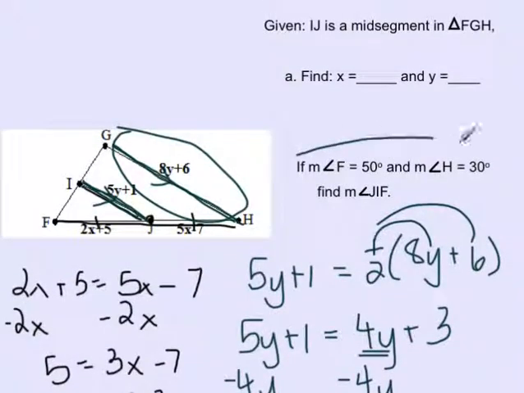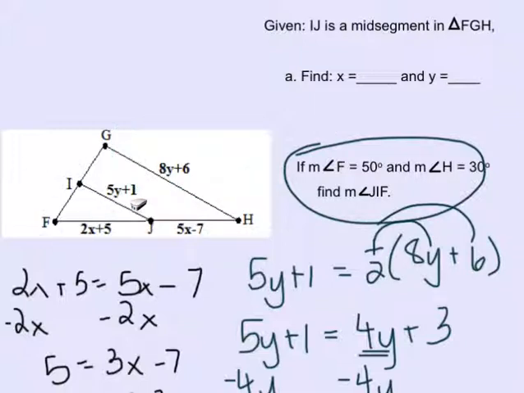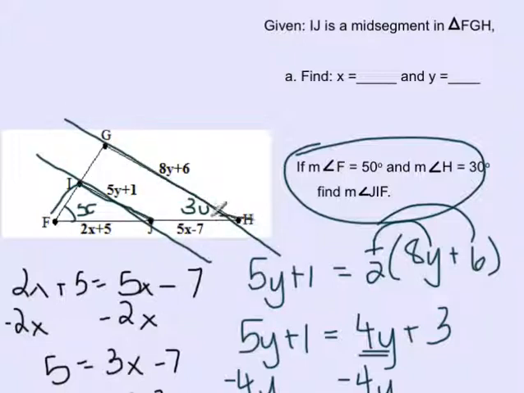Last but not least, let's take a look at this part right here. I'm just going to erase this so we can see it a little bit better. If the measure of angle F is 50 degrees and the measure of angle H is 30 degrees, find the measure of angle JIF. What we have here is this is parallel to this, and here we have a transversal cutting through.